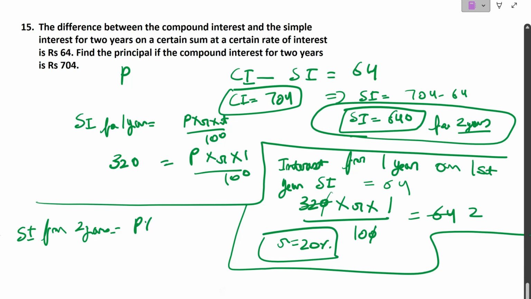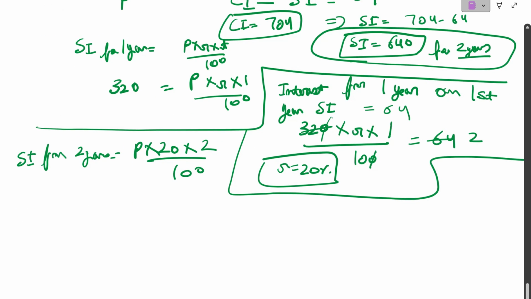It is principal into, now we know the rate, 20, into time, which is 2 years. So this is 640 equal to principal into 20 into 2 upon 100. So 20 into 5, this gets cancelled out.